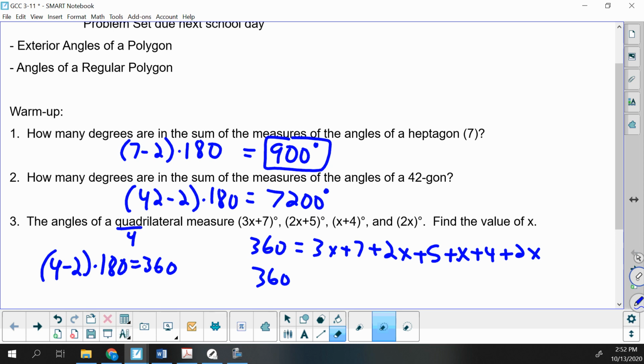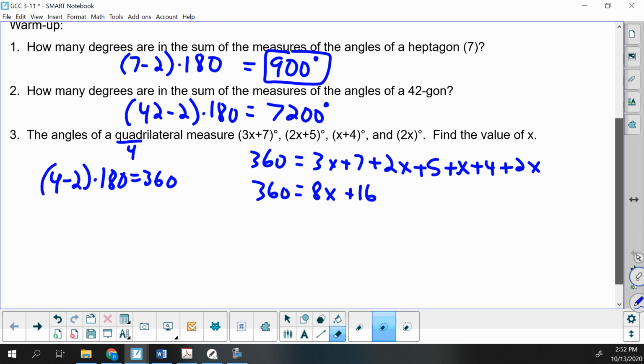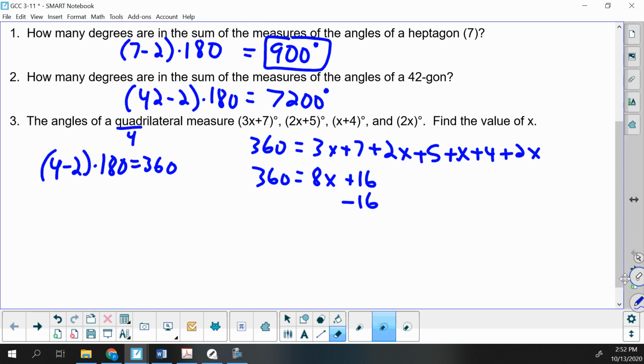So then from there, we should have 8x. If you add your constants, we should have 16. Subtract the 16 over, and that would be 344 equals 8x. Dividing by 8, that would give us 43 equals x. Reread the question, and that's all they wanted us to give, the value of x.